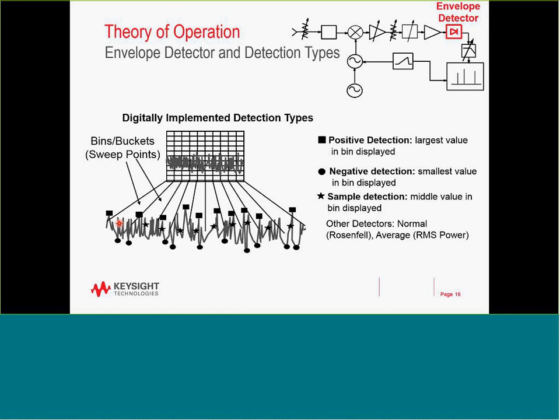The thing with the sample detector is the randomness of the signal, so if you're measuring noise, that will be the best detector to use. Positive is mainly used to measure tones that are continuous. Negative detection is used when it's easy to see if the signal goes away: is the signal always there, or does it completely disappear at some point in time? That is an application for it.